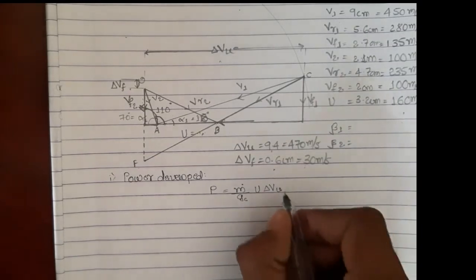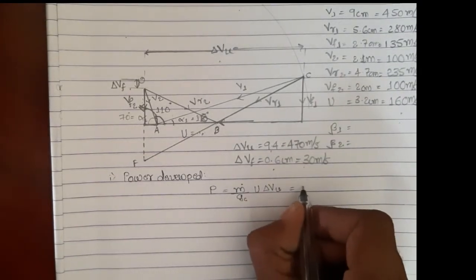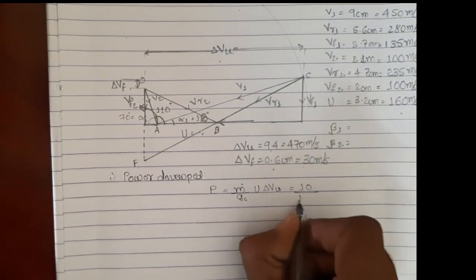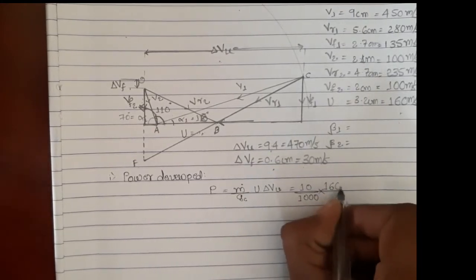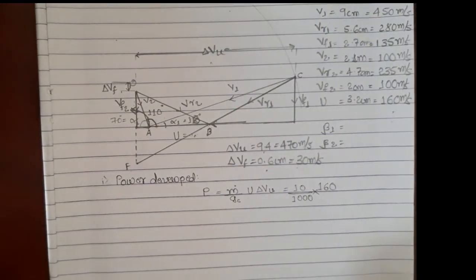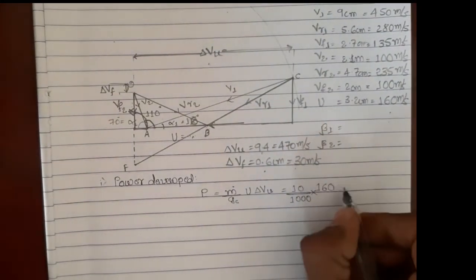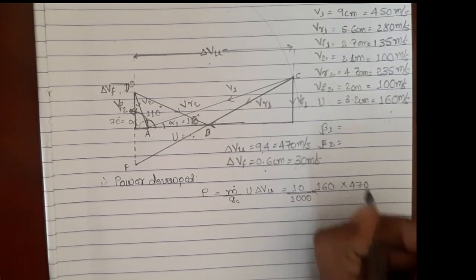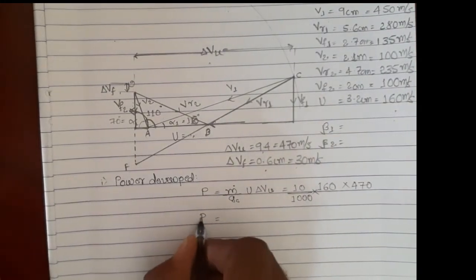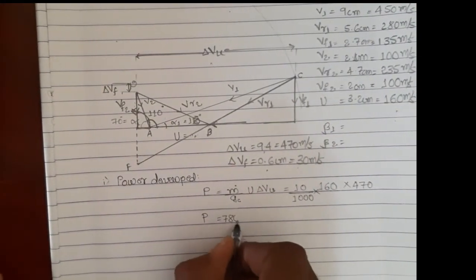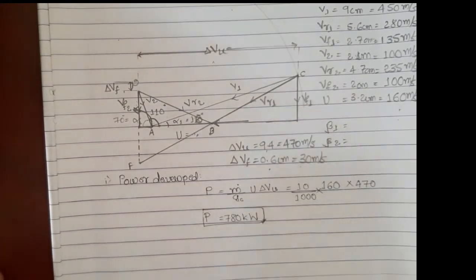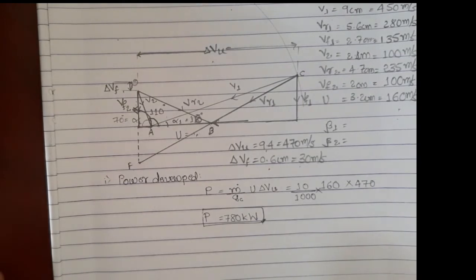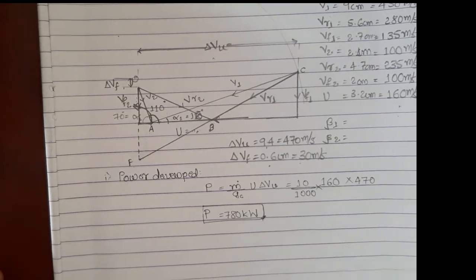So I shall write mass flow rate, which is given to be 10 kg per second, divided by 1000, into U, which is found to be 160 using the triangle drawn by us, and also into 470 meter per second delta VU. So upon calculation, power becomes 780 kilowatt approximately. Again, this is the beauty of the graphical method, where we get the values directly.